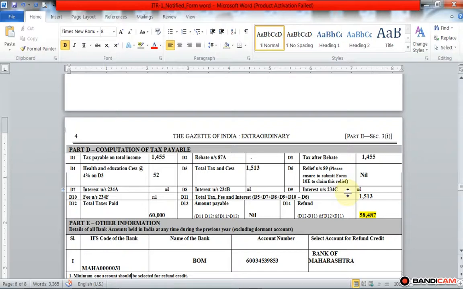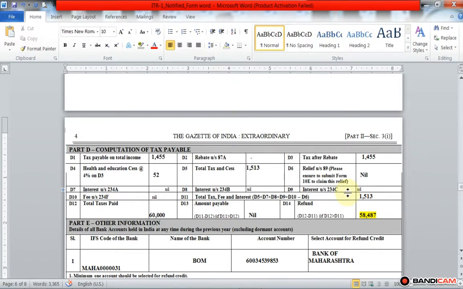Then Part E starts after computing the tax payable or refund of tax. In this form we start the next part, Part E, which relates to other information: the bank information, the IFSC code, the bank name, the account number, and the bank selected for refund of tax.